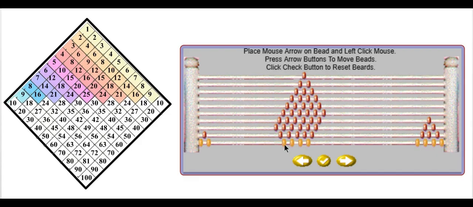So that will give us 40. And so even though now we don't have the completed area here, we know that the completed area on the Pythagorean abacus or the multiplication table would include 40 beads.